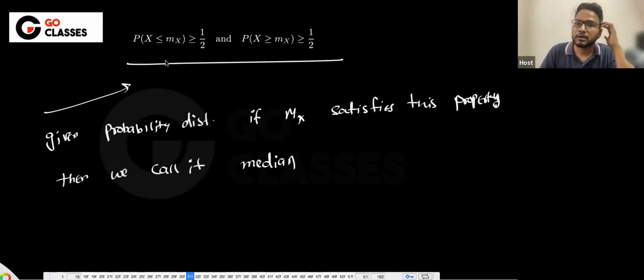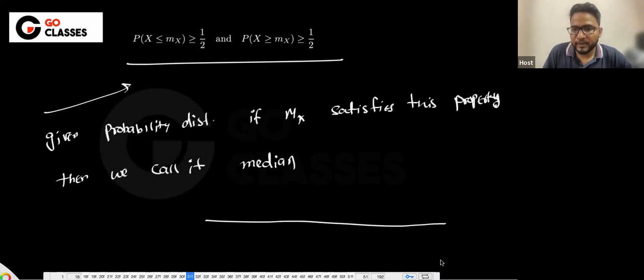What does this mean? Suppose these are the different values that you have, and this is mx.